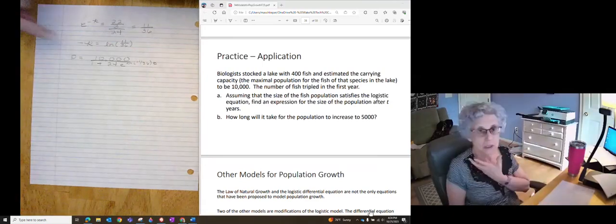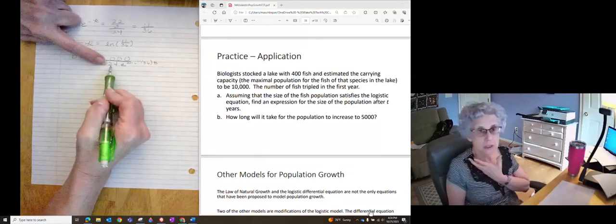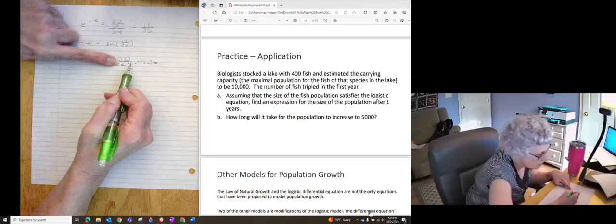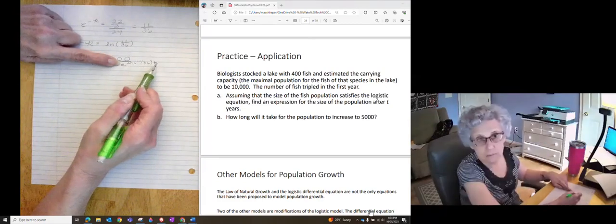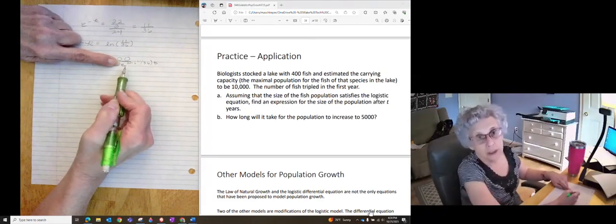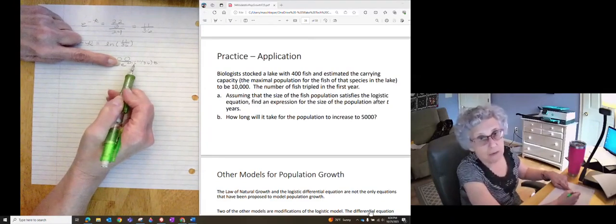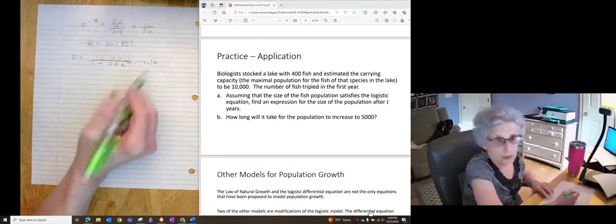So this is equal to 24 e raised to the natural log of 11 over 36 times t. But remember, e raised to the natural log of something, they undo one another.